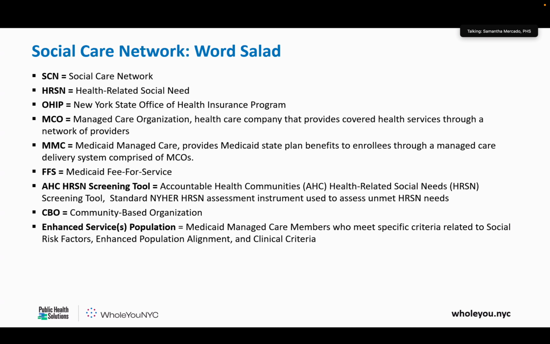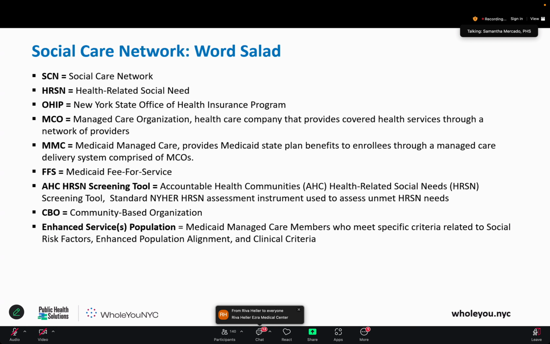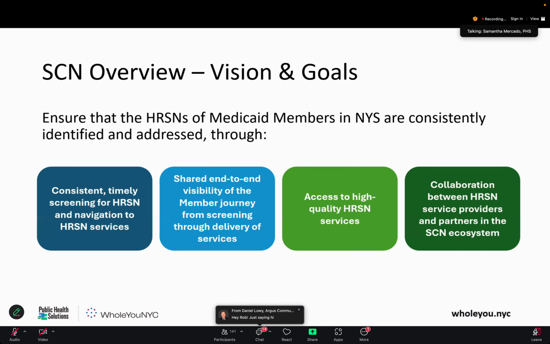The AHC HRSN screening tool is the Accountable Health Communities health-related social needs screening tool used during the screening portion of the workflow. CBO is community-based organization, and enhanced service population is the Medicaid managed care members who meet specific criteria related to social risk factors, enhanced population alignment, and clinical criteria. Hopefully that's familiar to a few people.